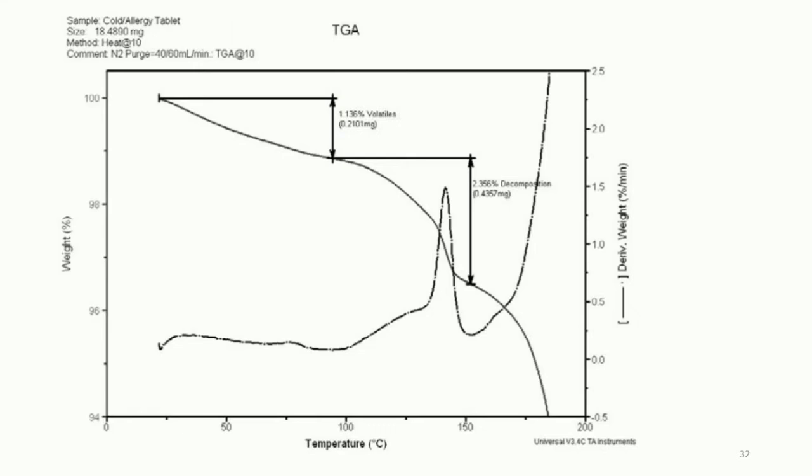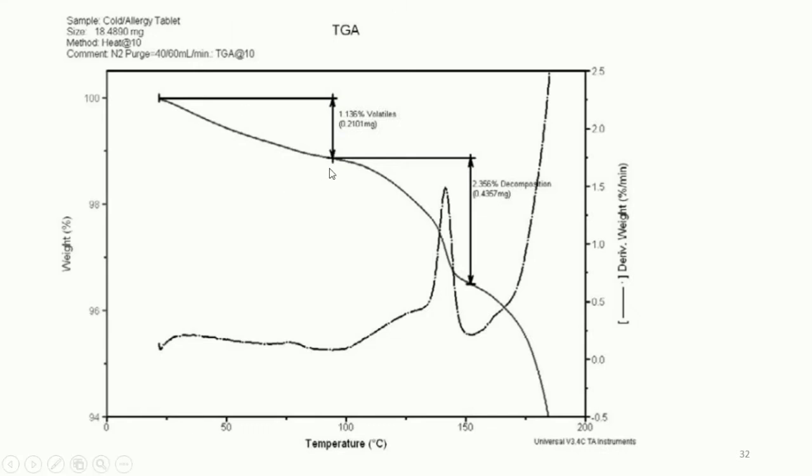Analysis of the weight and derivative curves shows the sample contains more than 1% volatiles and subsequently starts to slowly decompose above 100 degrees Celsius.